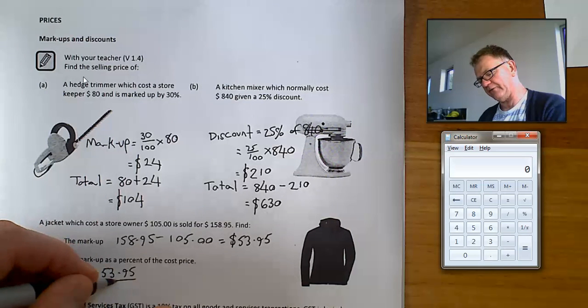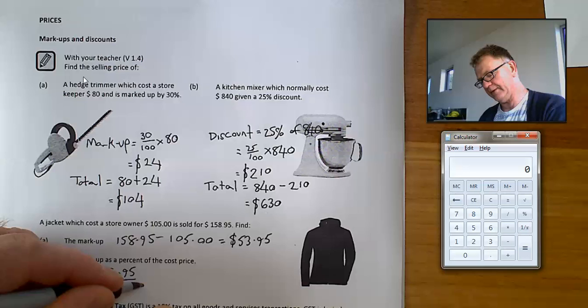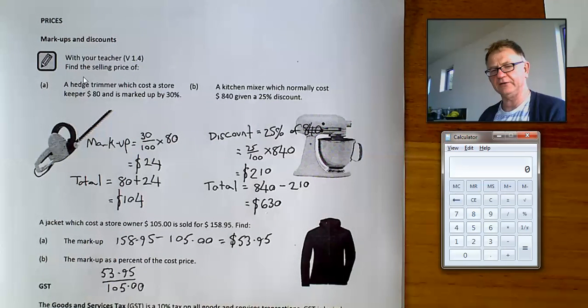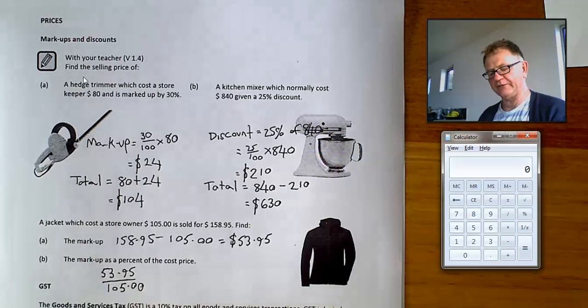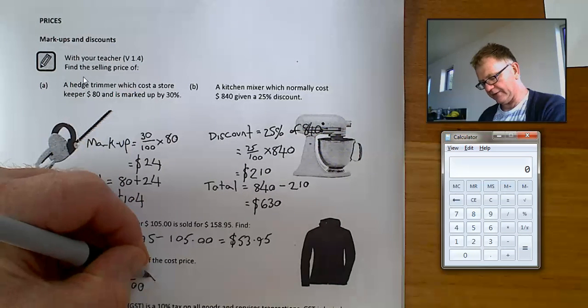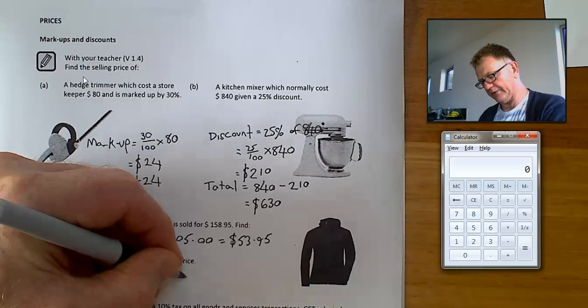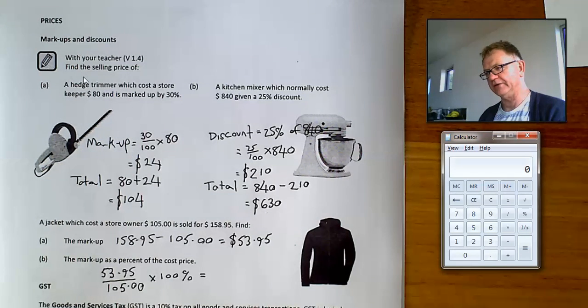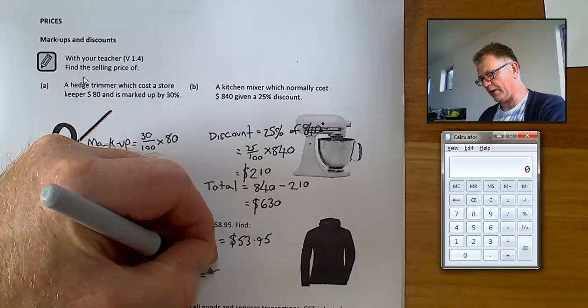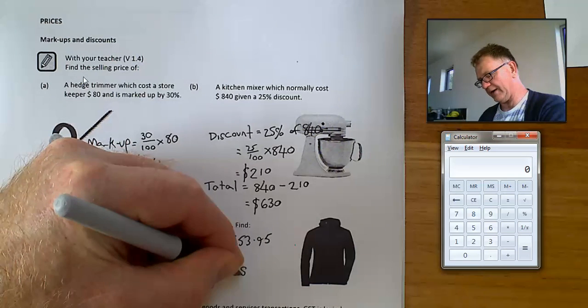So start off by writing it as a fraction of $105. Now turn that fraction into a percent. You do it by dividing 53.95 by 105. That changes it to a decimal. Then times by 100. That changes your decimal into a percentage. On your calculator, 51.38%.